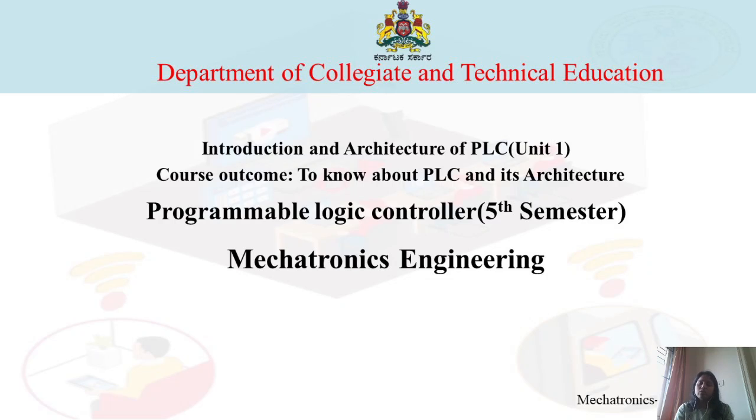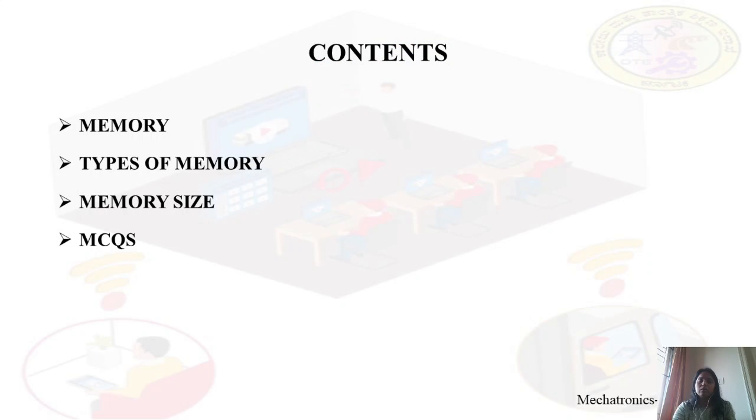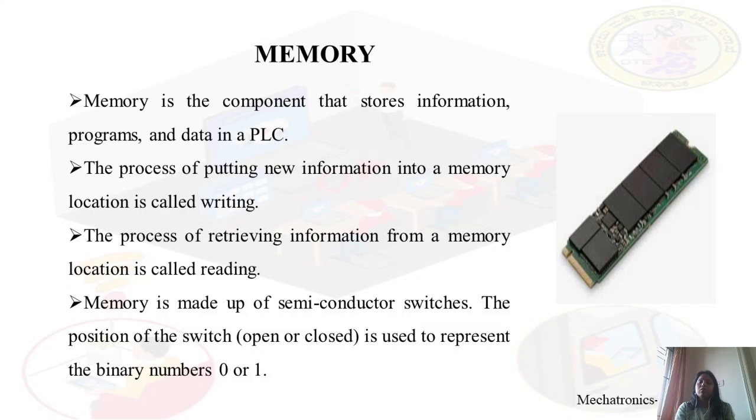Now in today's session, this is the last topic of this chapter: memory. What is memory, and why do we need memory in the PLC? Memory is an essential part of the system, not only for the system, even for us.